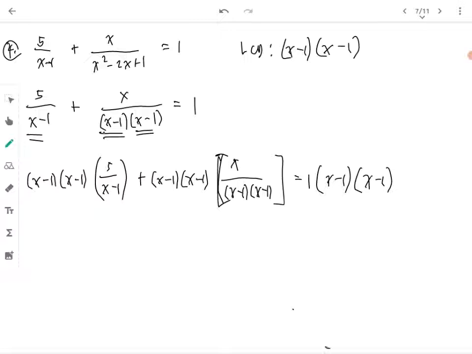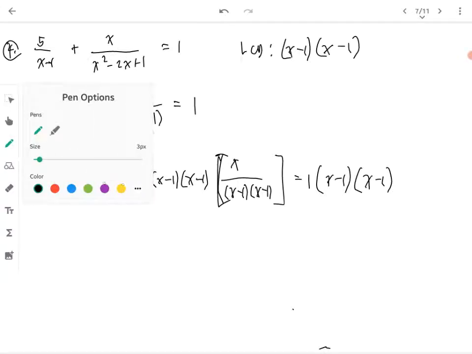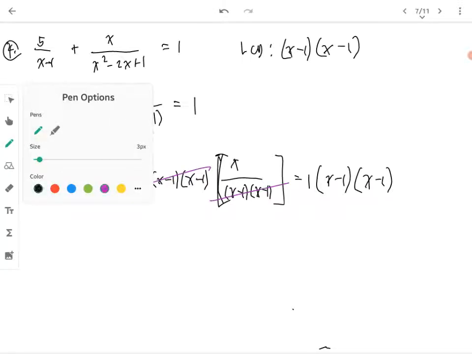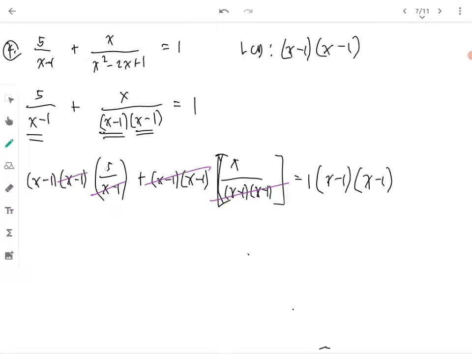Okay, so by division, this becomes 1, this becomes 1. Okay, that's it. So let's try to distribute 5 and x minus 1. Then we have x only here. Then we have here x squared minus 2x plus 1, if you're going to distribute.